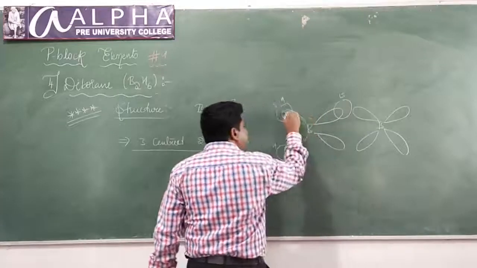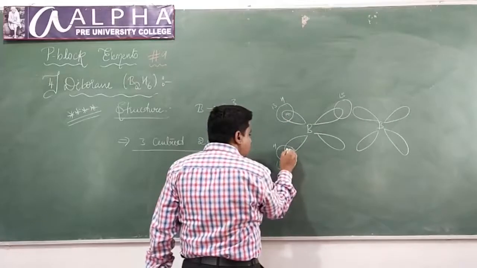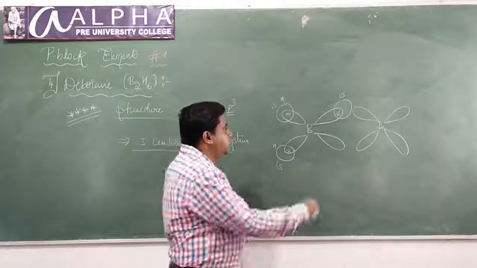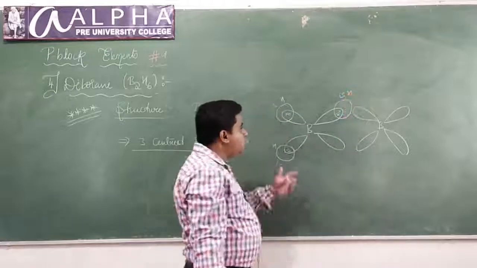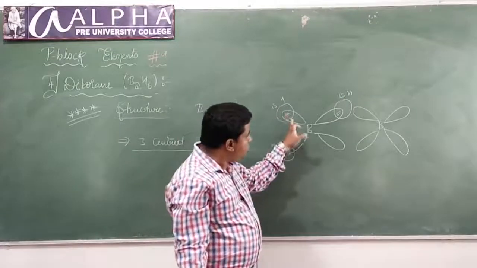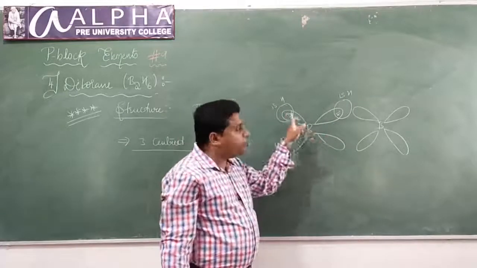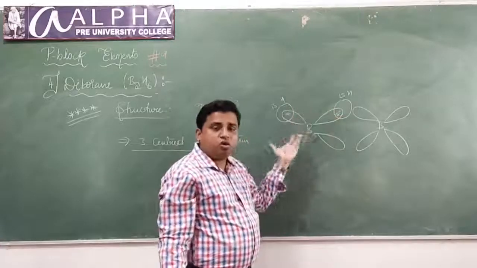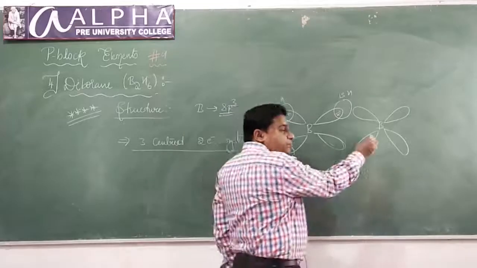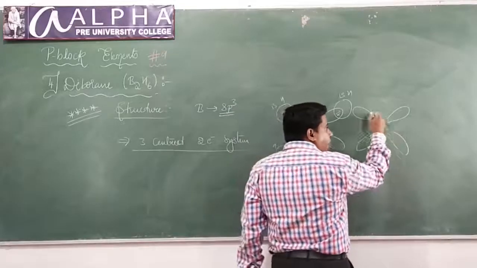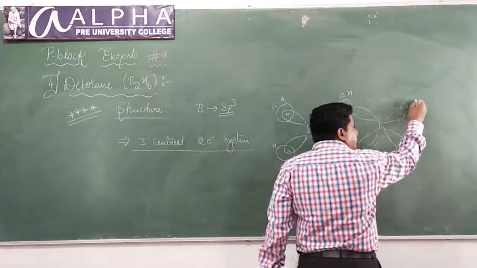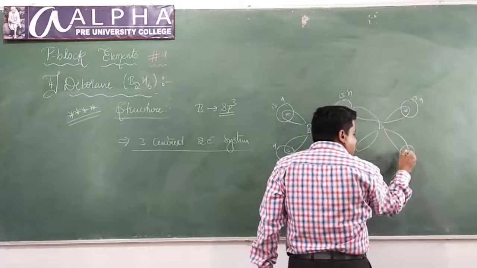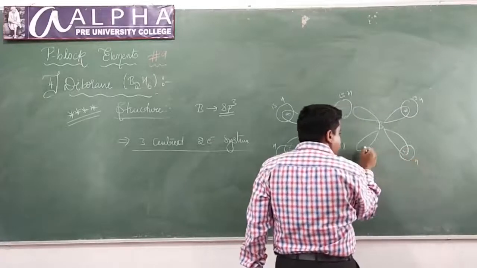So there will be 2 electrons here and 2 electrons here, correct? Out of 4 hybrid orbitals, 1 2 3 4, 3 hybrid orbitals will overlap with the 1s orbital of hydrogen. The same thing happens here also.